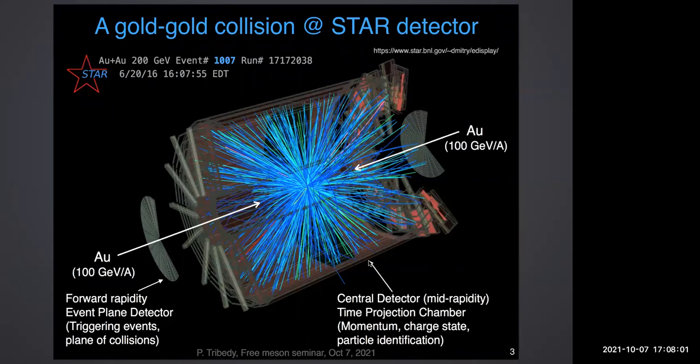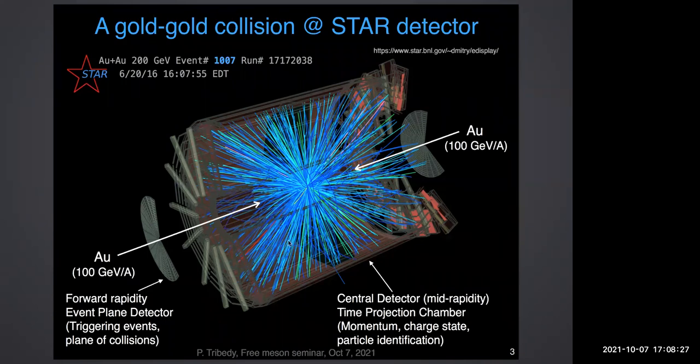It sits inside a magnet, and the central detector is called the time projection chamber. It covers mid rapidity, can measure momentum, charge state, identify particles. What you see in these blue and green lines are different charged tracks coming out of it. Because it sits inside a magnet, from the bending, from the curvature, we know the momentum.